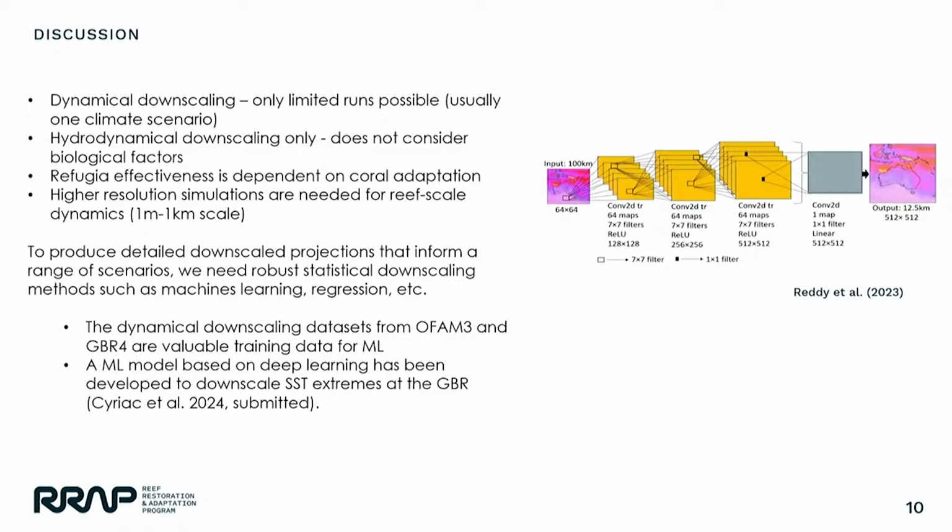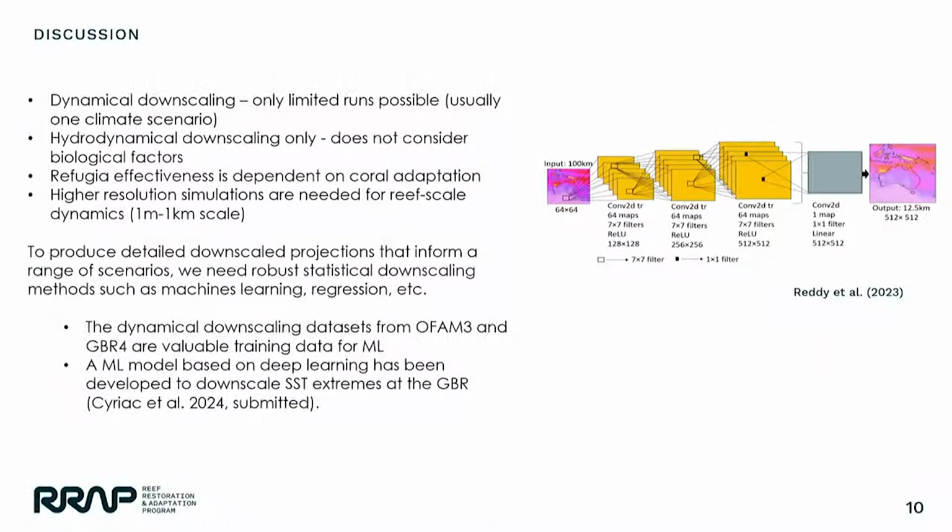And we indeed need higher resolution simulations to resolve reef scale circulations. If you listen to Robert Mason's talk, you will appreciate how important the local features are in coral recruitment and settlement.